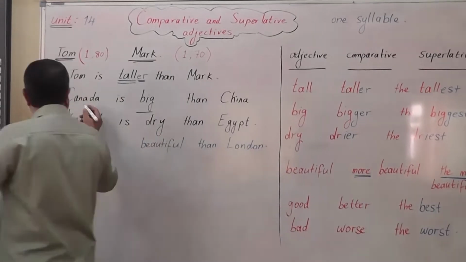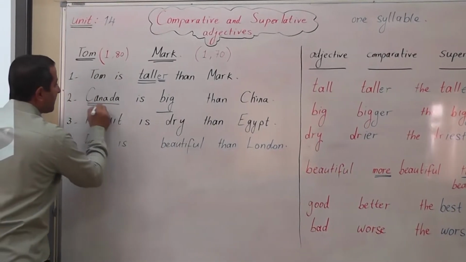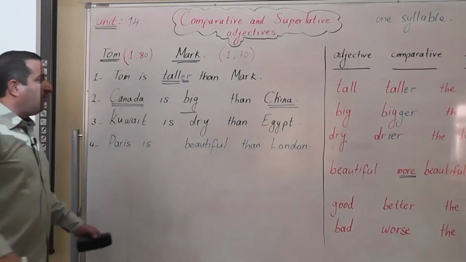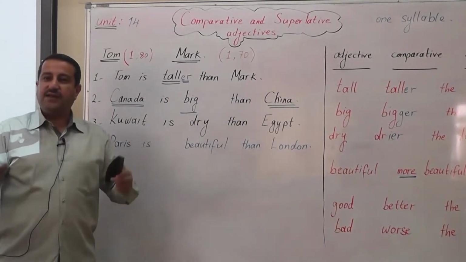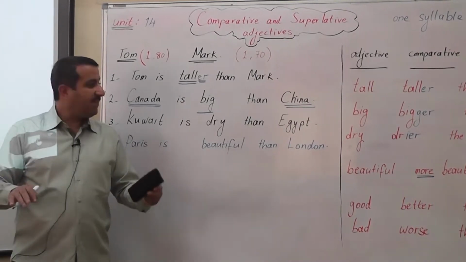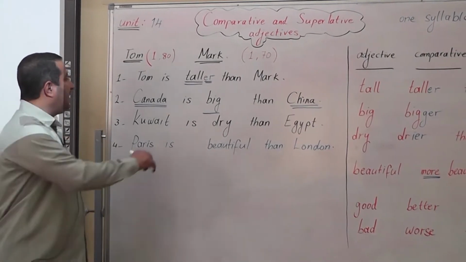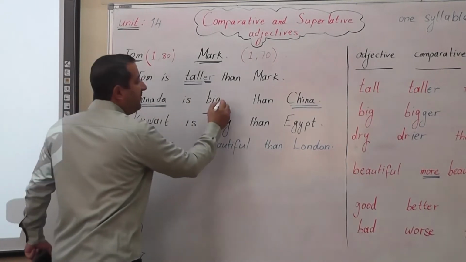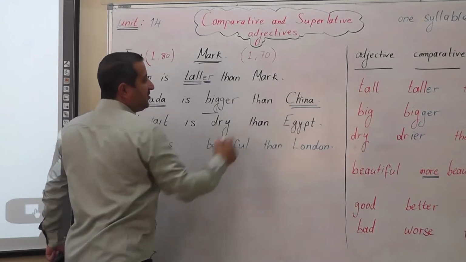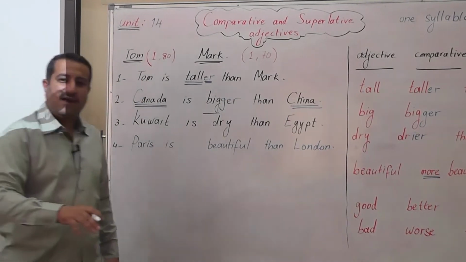We have Canada and we have China. So Canada is a big country. China is a big country as well. So if we are comparing Canada with China, we say Canada is bigger than China. Canada is bigger than China.